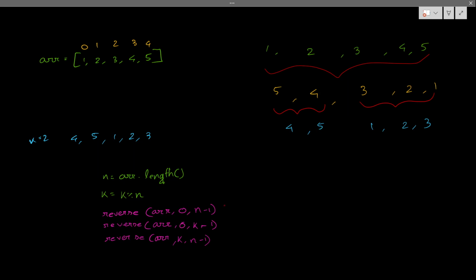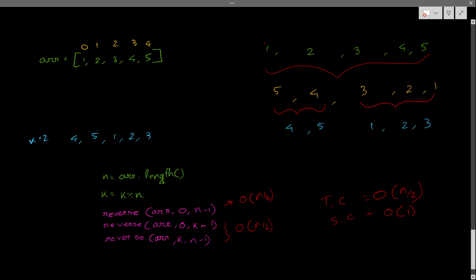So overall time complexity is big O of n by 2, and space complexity, we are not taking any extra space, so big O of 1. So this is the code of right rotation.